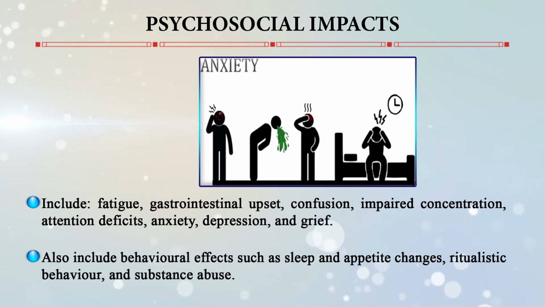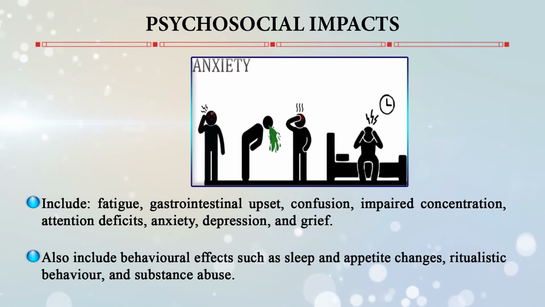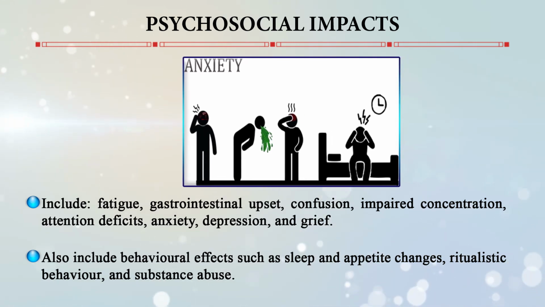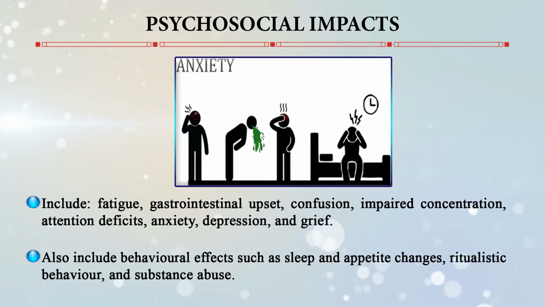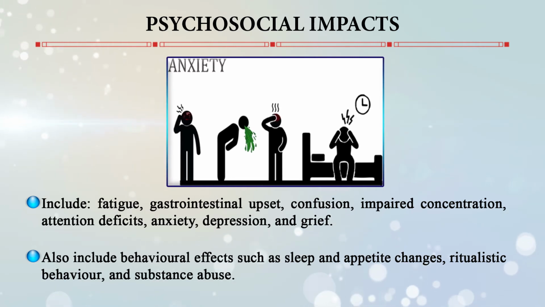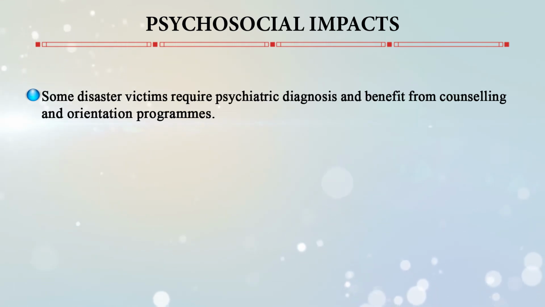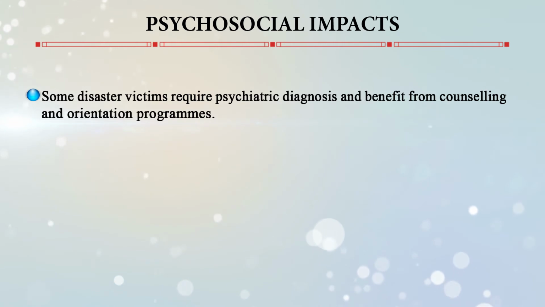And there could be confusion, impaired concentration, depression, and also grief. Fatigue and other problems also occur. So psychosocial impacts have a very big impact on people, and they are all the after effects of the hazard. Some disaster victims also require a psychiatric diagnosis and benefit from counseling and an orientation program.